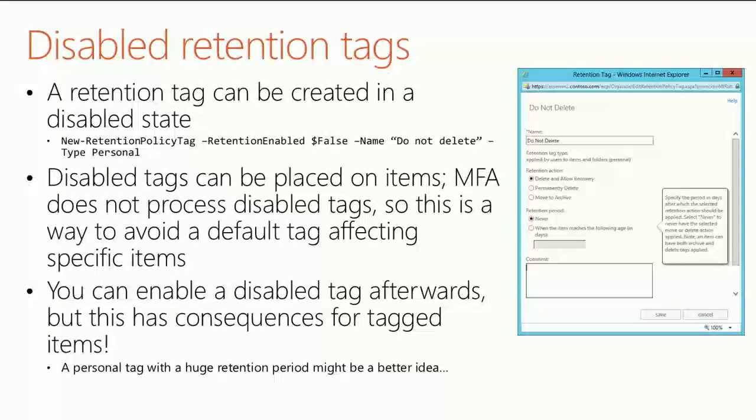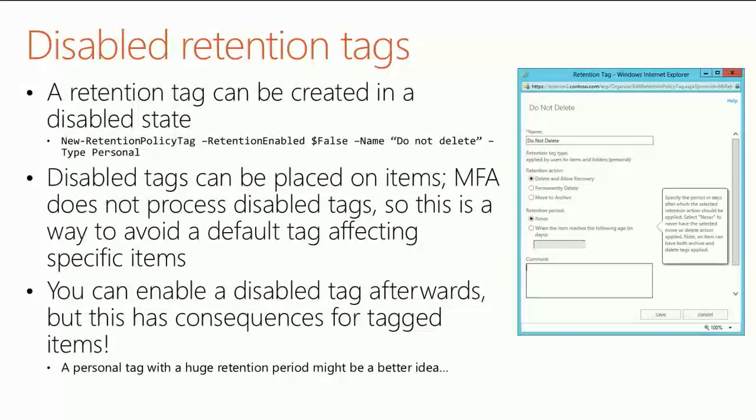And remember that we have default tags in a mailbox, in a policy. And the default tag might say, any item that is not covered by any other tag is going to be deleted after 30 days. Then you may just want to have a situation where you have a set of items that don't have any sort of retention period on them, they're just going to be skipped.